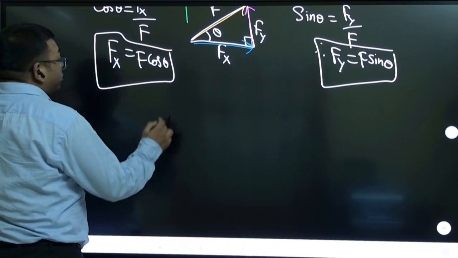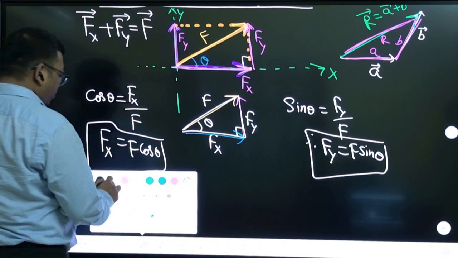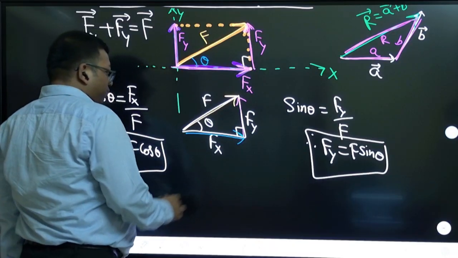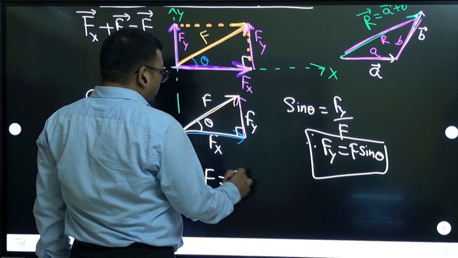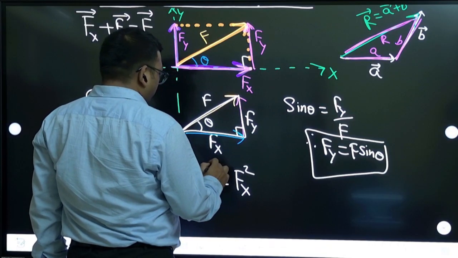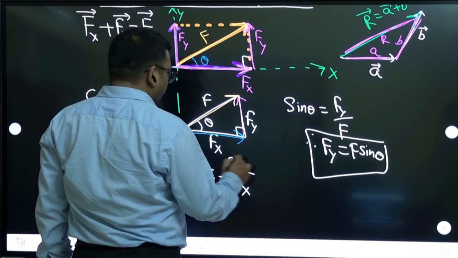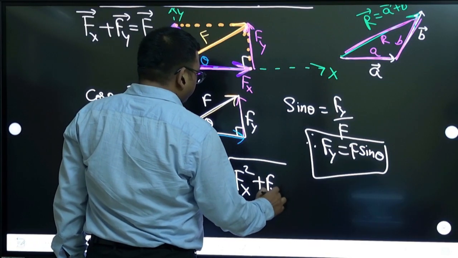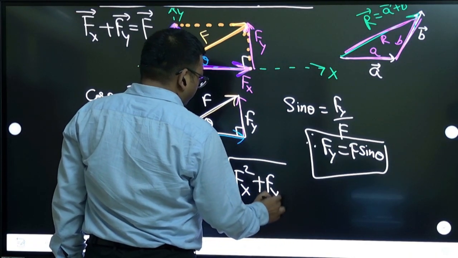Also note that in this case, a very important thing is that F is the hypotenuse: F squared equals Fx squared plus Fy squared, so F is root under Fx squared plus Fy squared, right?